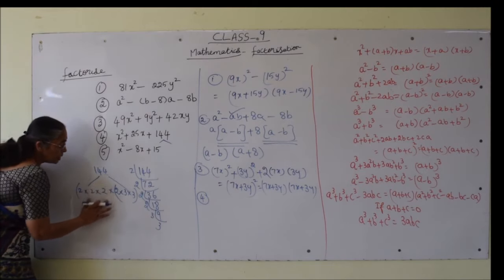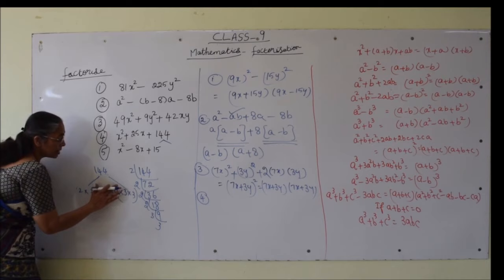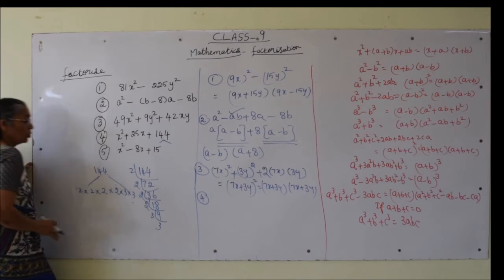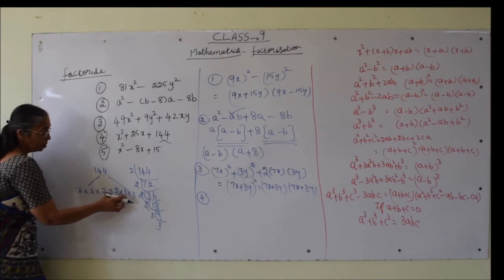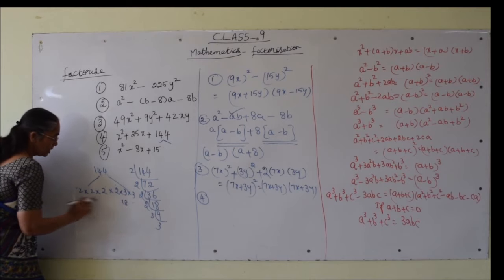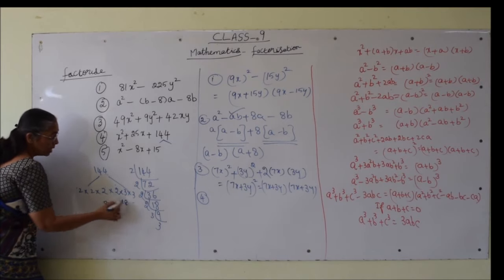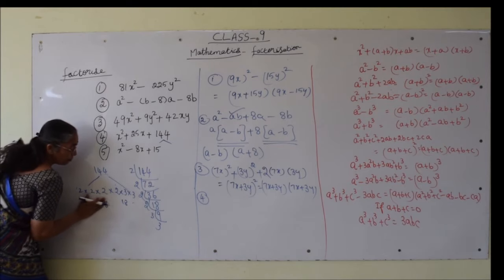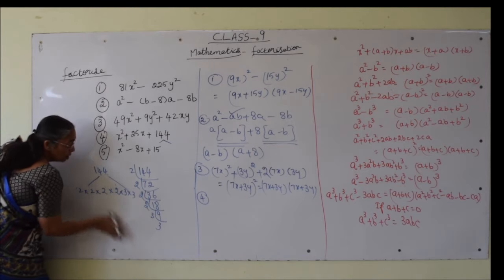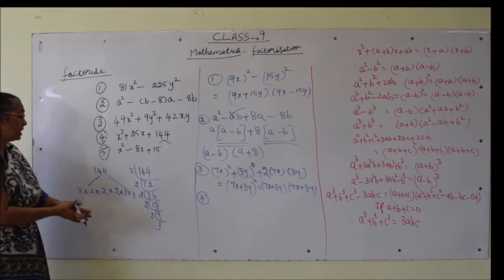So this grouping is wrong, because if I add I am getting 26, which is not correct. 18 plus 8 is not 25, it is 26.